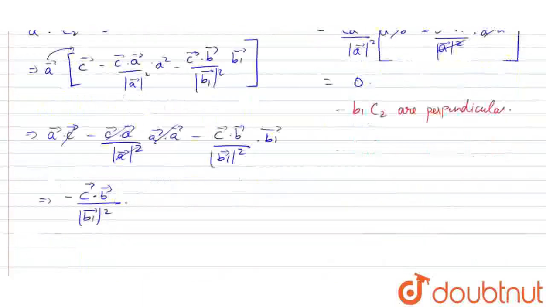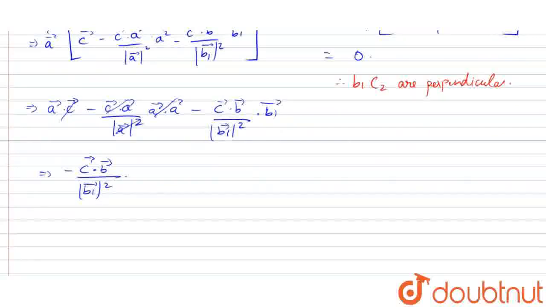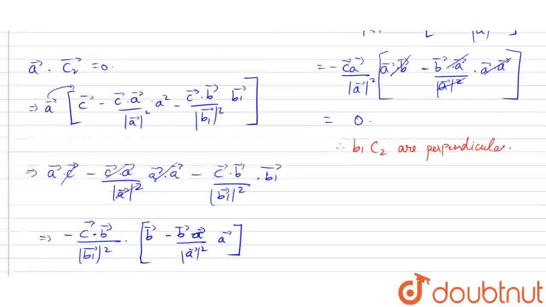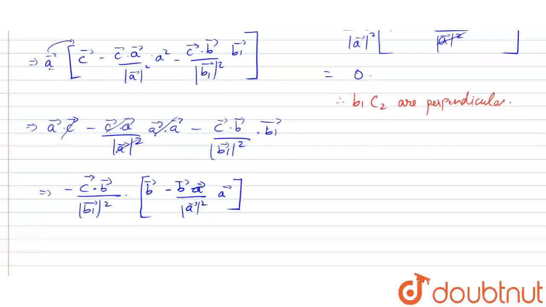So b1 is b vector minus b vector dot a vector divided by a vector the whole square into a vector. Okay, students, by default here a vector is there.